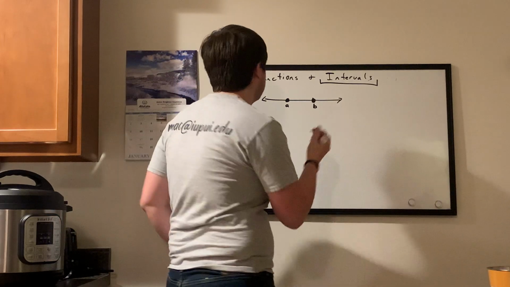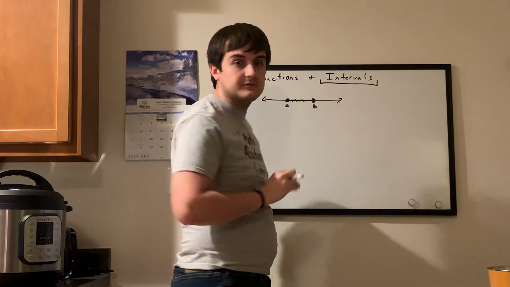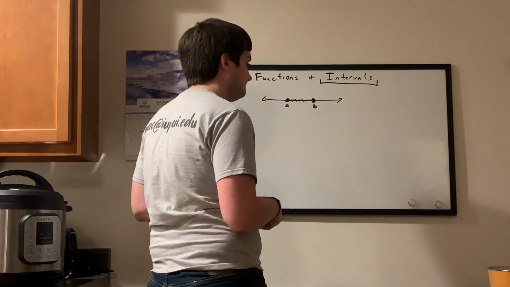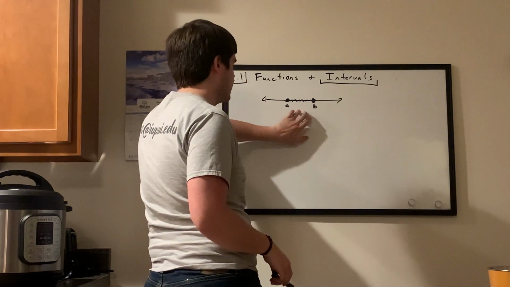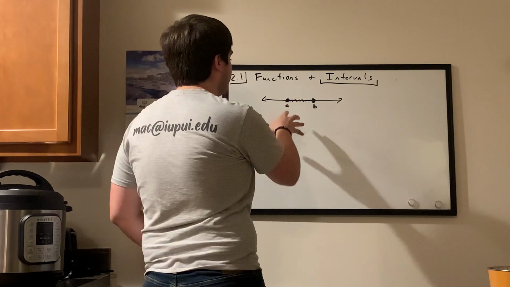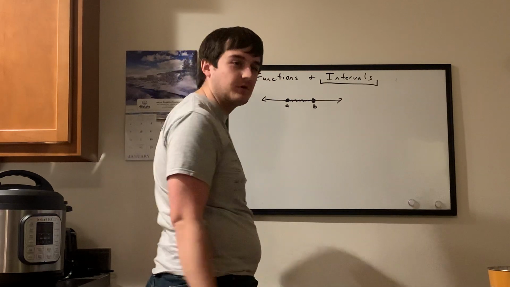So I'm going to color this in a little bit and ask, what's happening with those values in between? With that, we call this an interval. This is our interval, and it has a wide selection of numbers to choose from in between.